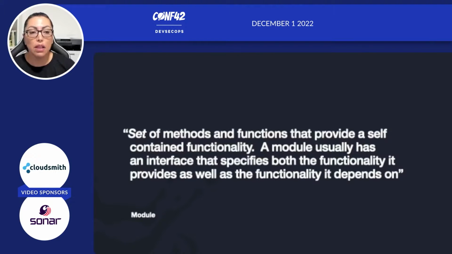Modules are a set of methods or functions that provide a self-contained functionality. A module usually has an interface that explicitly and abstractly specifies both the functionality it provides as well as the functionality it depends on. And usually when we find an interface, there has to be at least one implementation of that functionality. So sometimes for us, it's a kind of black box.